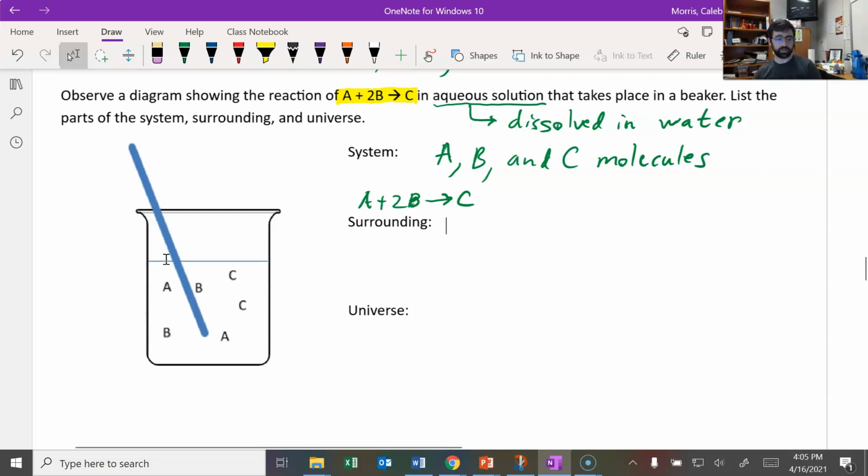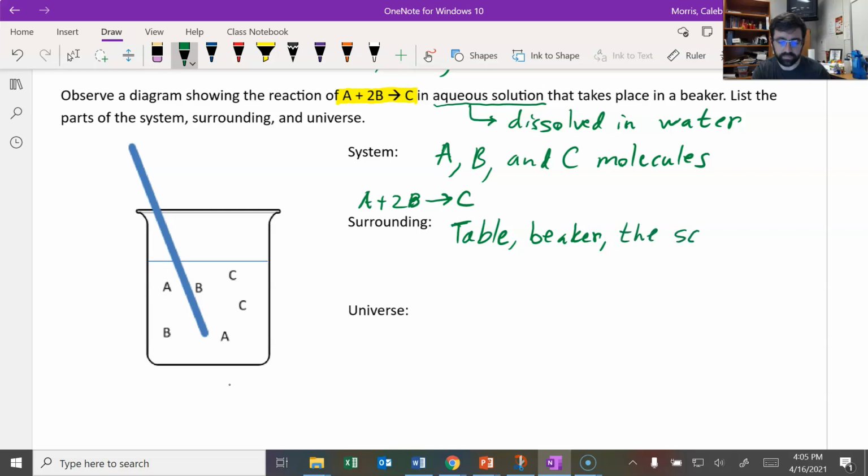So that includes the table that this beaker is sitting on. And think through it yourself. Think through some of the things that might be included. You might think of something I don't. The table, the beaker itself. If the scientist was holding it in his hand, possibly the scientist who's doing the experiment.